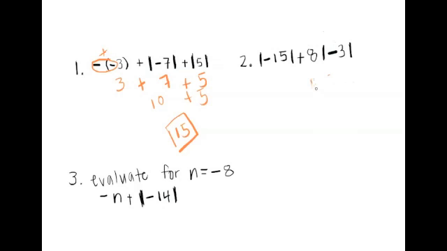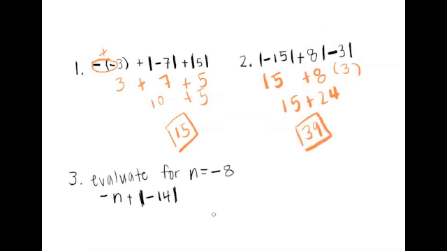What I do want you to do first is solve all of these absolute values first, and then multiply at the end. So the absolute value of negative 15 will give me positive 15, and the absolute value of negative 3 is 3. 8 times 3 is 24, and so we end up with 39 here.